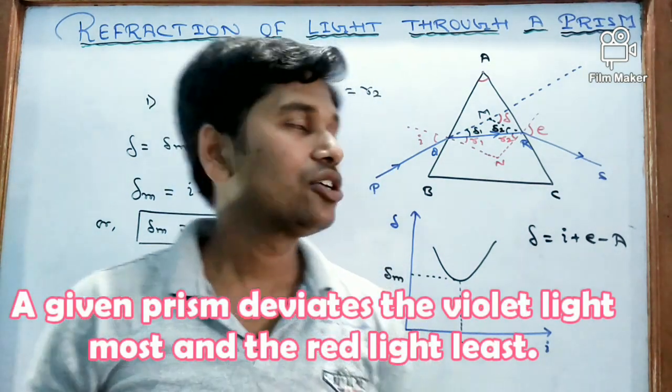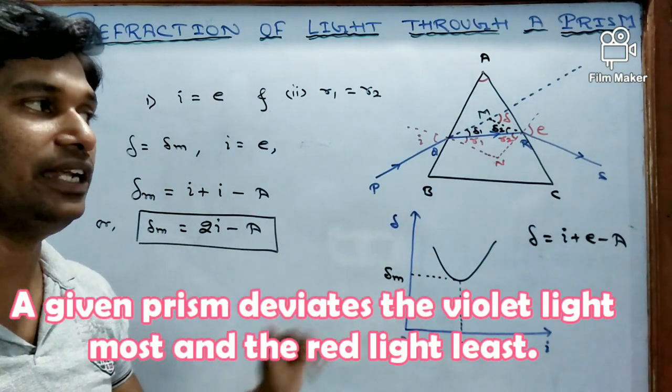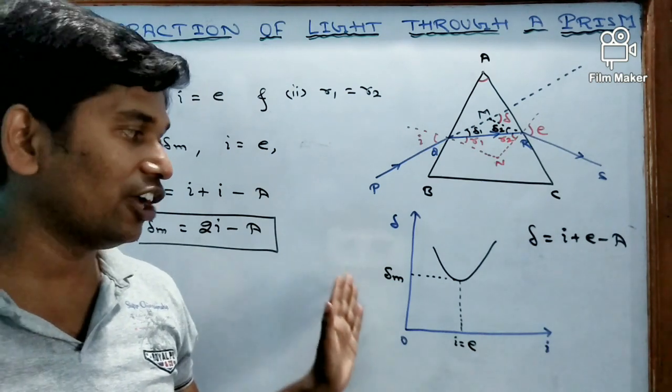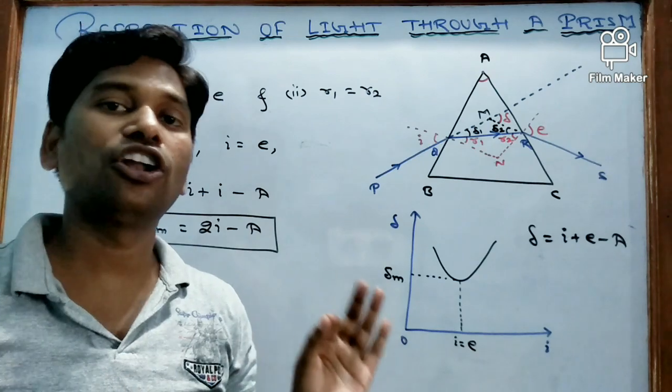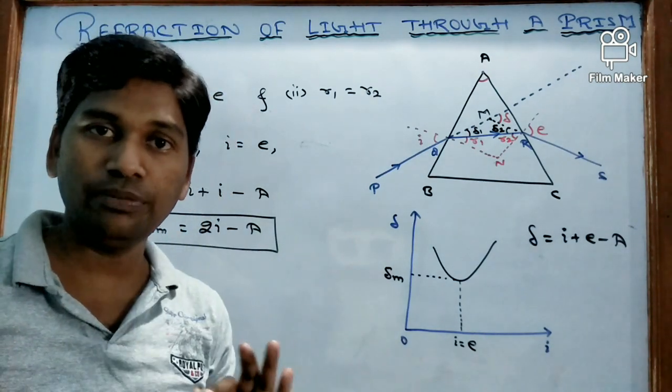Angle of incidence: how deviation depends on it, I already explained. The second factor, I said, is the angle of prism. The angle of deviation increases as the angle of prism increases. The third factor is the refractive index of the medium.